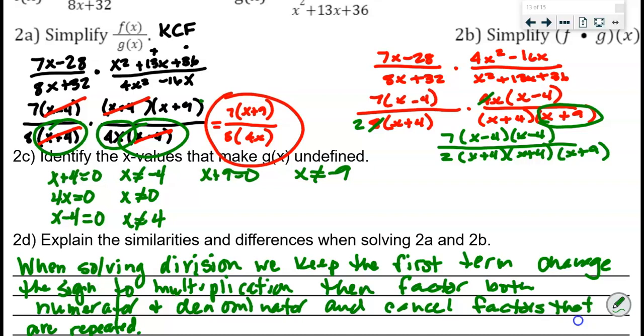Okay? And simplify. All right, that's what you need to do.